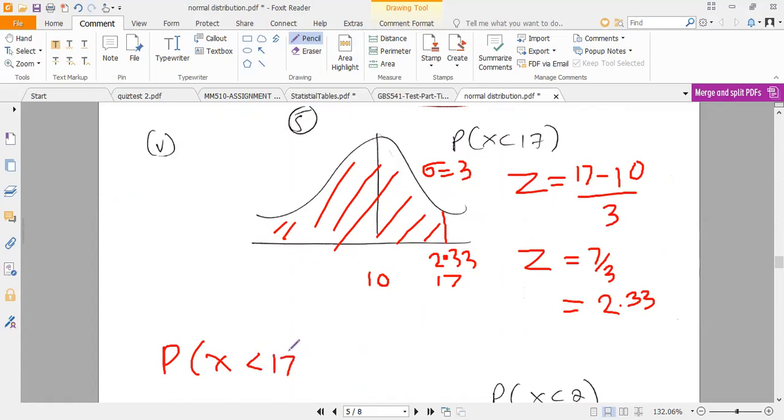Or if you want, you can write the probability of z less than, in terms of z, 2.33. Final answer will be what? 0.9901.